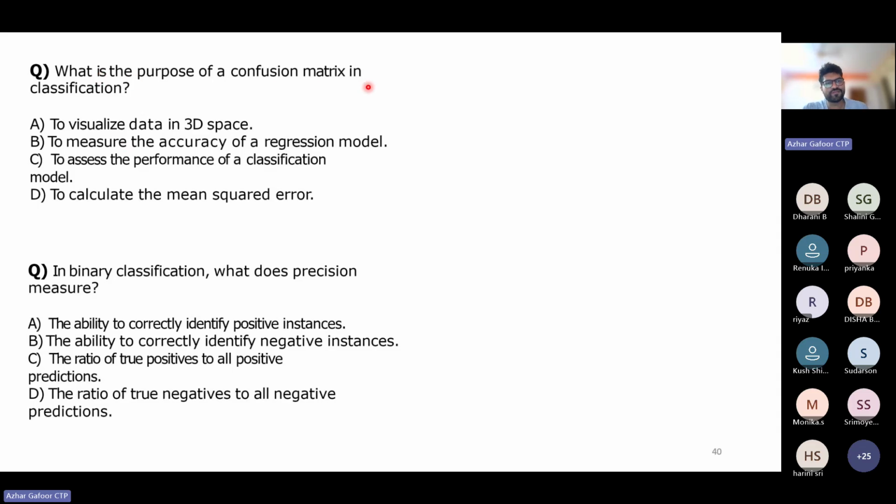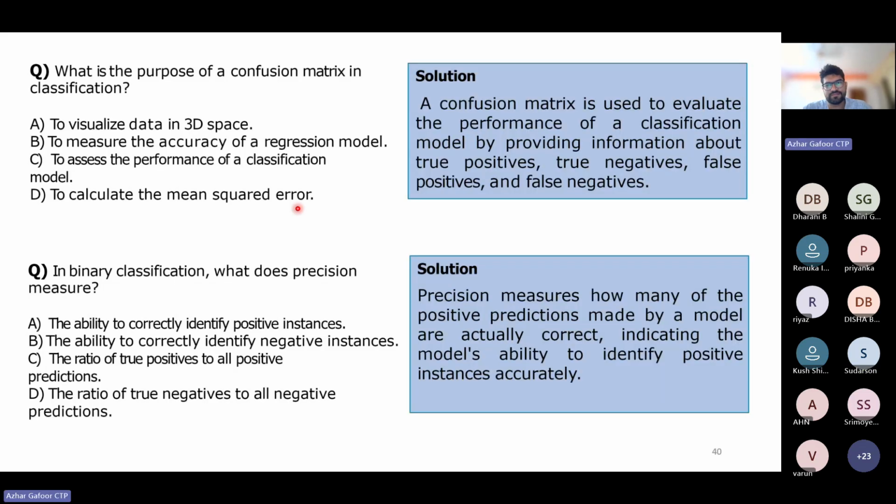What is the purpose of confusion matrix in classification? Sir, is it C? B and C? Not B, it's not for regression model, it's only for classification.